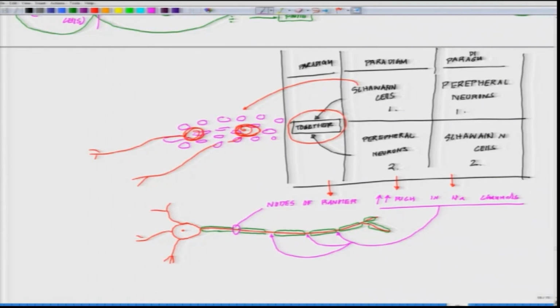So, when you believe you have achieved it, first thing you have to see is whether you could form a node of Ranvier or not.